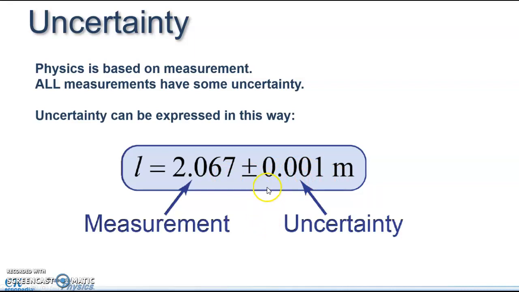Now, in a lot of cases, the uncertainty is not written after measurements. Usually you don't do that when you write them down, say in class, and most of the time it's understood that whatever the last reported digit is the uncertain digit in the number, and usually the uncertainty is plus or minus 1 of whatever that last estimated digit is.